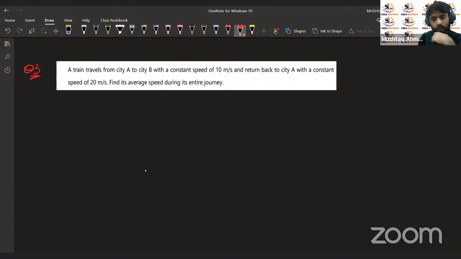Let's suppose that a train is traveling between the two cities A and B. From A to B, the velocity of this train is, let's suppose, v1, and from B to A in the reverse direction, the speed of this train is v2, right? And let's suppose the distance between A and B is given as s. s is the distance between the two cities.